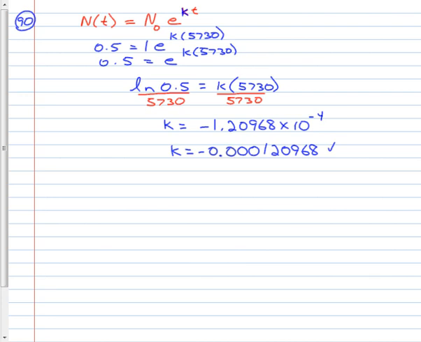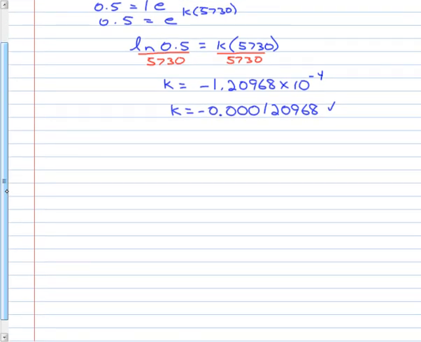Now that I have the constant, I should be able to answer their question, which was, let's see, what are we on, number 90? Determine to the nearest 10 years, so round to the nearest 10, the age of a bone if it now contains 96% of the original. So if we contain 96% of the original, we're equaling 0.96.